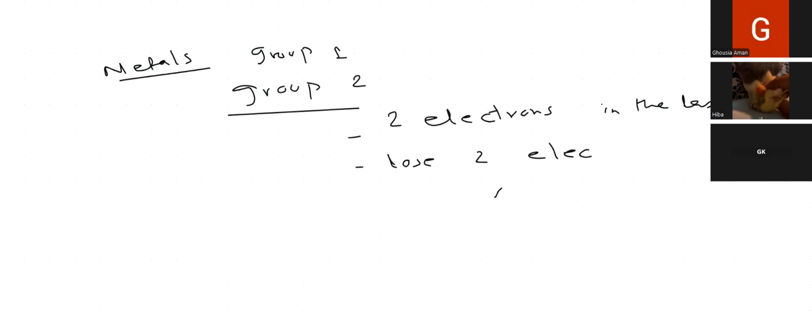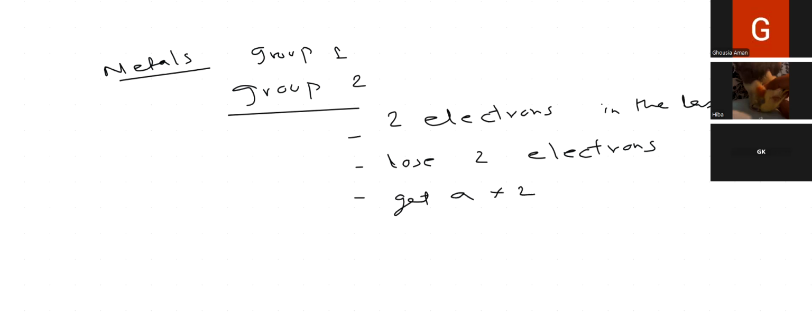When they react with non-metals, they lose 2 electrons, to have a complete outermost shell, to have 8 electrons in the last shell. So when they lose 2 electrons, they get a +2 charge over them.